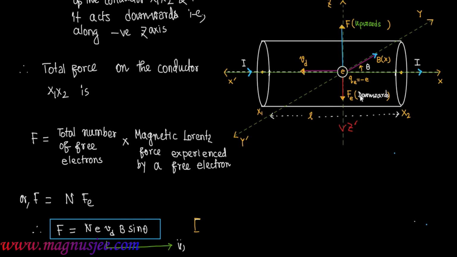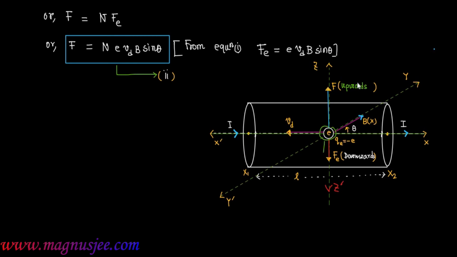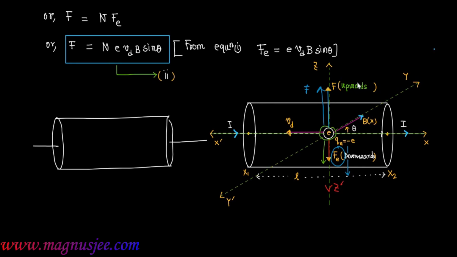In this case, from equation 1, Fe was E Vd B sine theta. That's why we have written F as N E Vd B sine theta. In this case, the magnetic Lorentz force experienced by a free electron acts downwards, and the force experienced by the long straight conductor X1 X2 will be acting upwards.